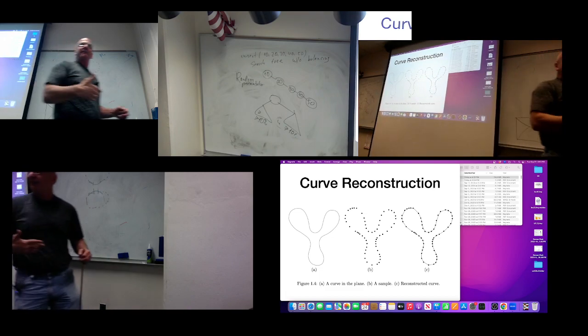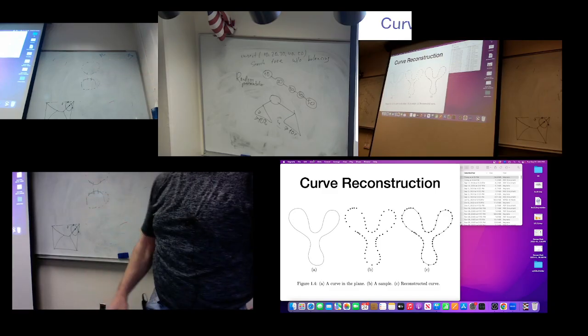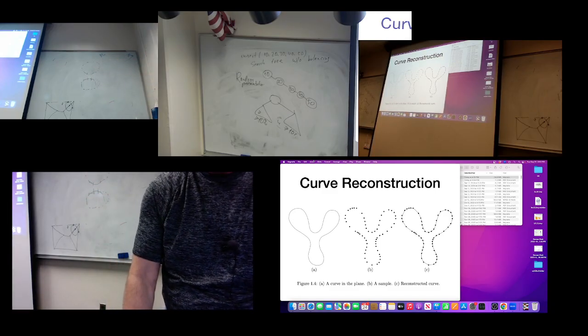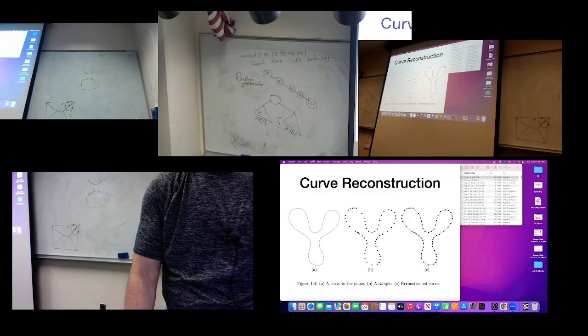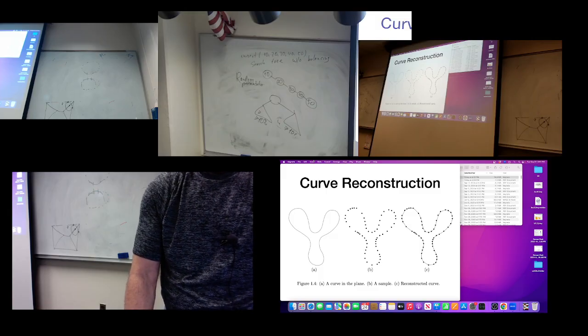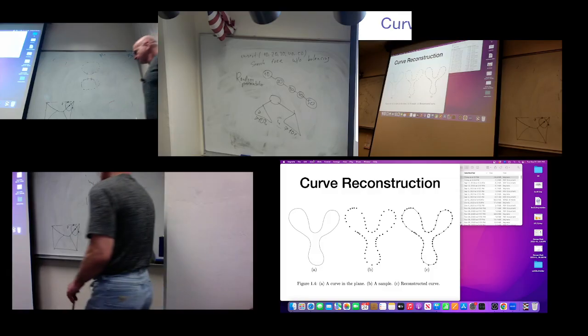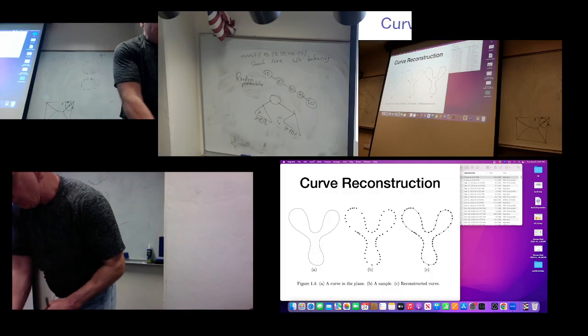Can I do it reliably? Is it actually similar to the shape, or did I disconnect it into 3 separate pieces? Well, it depends. If I have lots and lots of sample points, probably I can do it more reliably. I still need an algorithm for it. If my points are sparse, then probably it's more tricky.